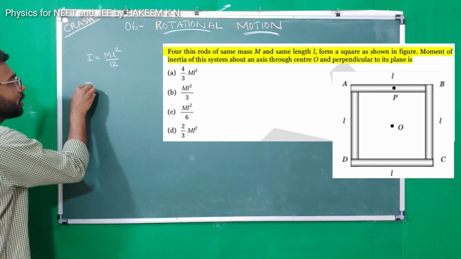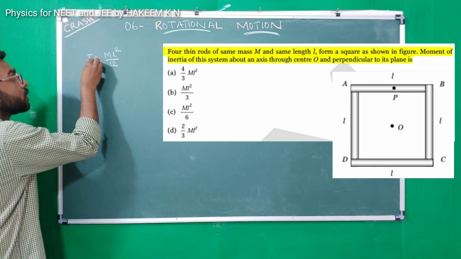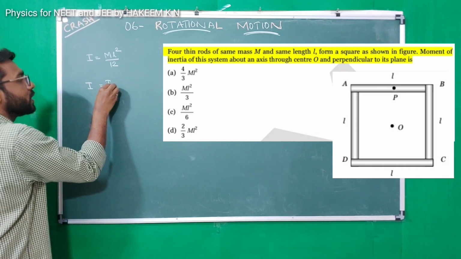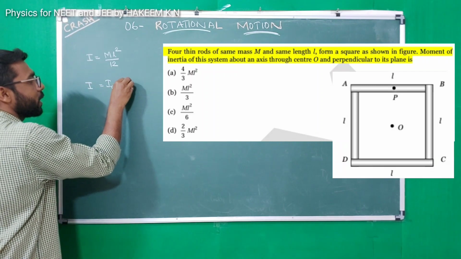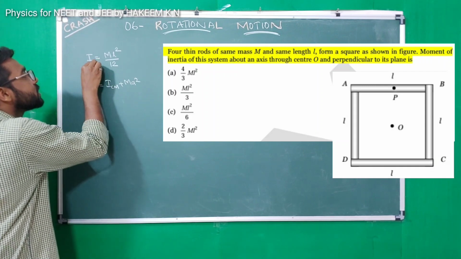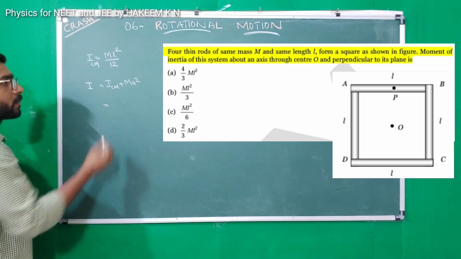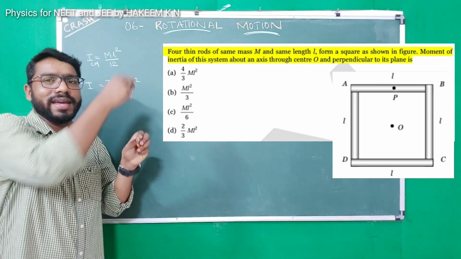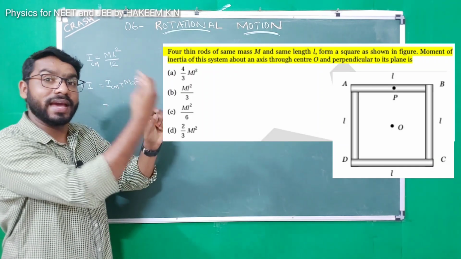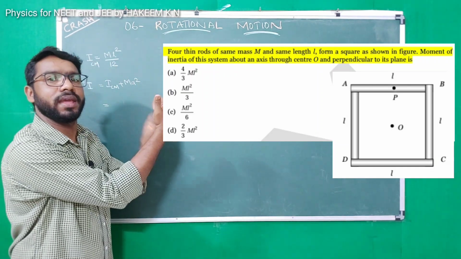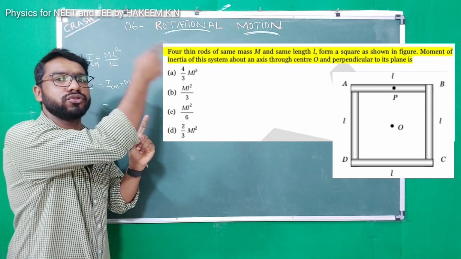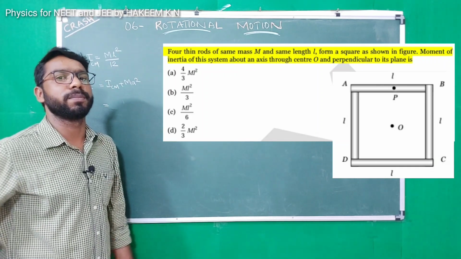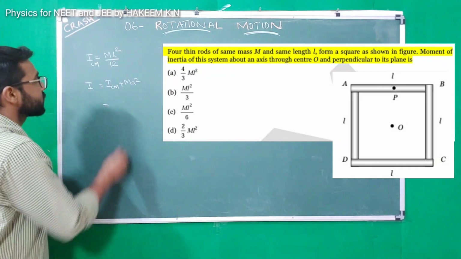We can apply the parallel axis theorem: I equals I_CM plus MA². This is I_CM. The axis perpendicular to the plane at O is parallel to the axis perpendicular to the plane through the center of mass.